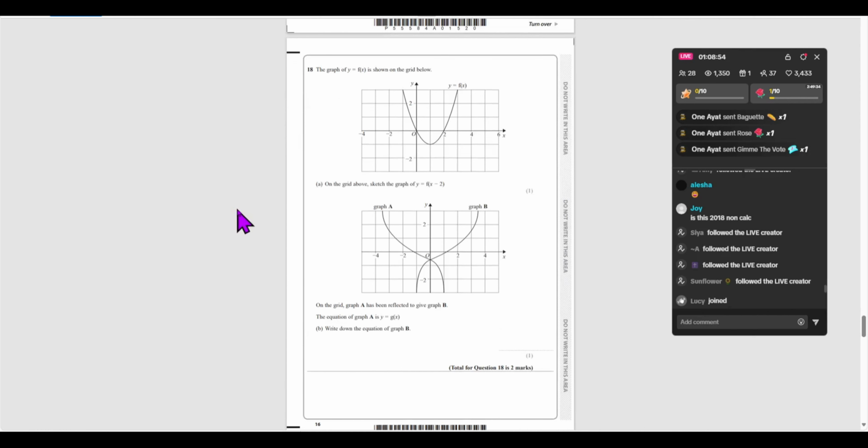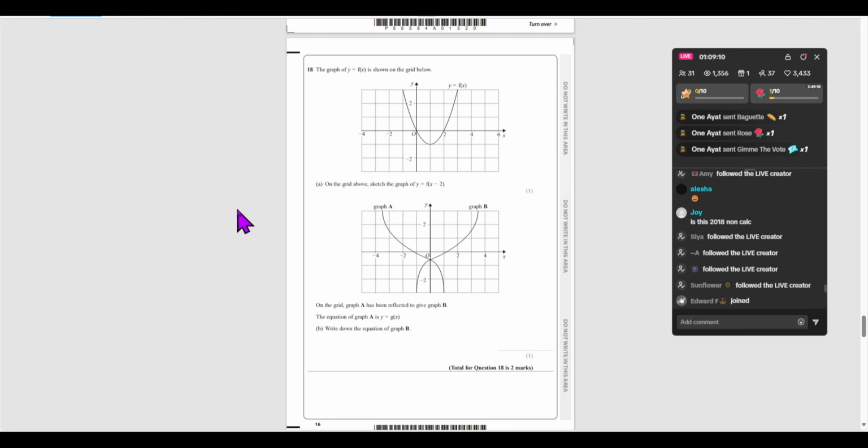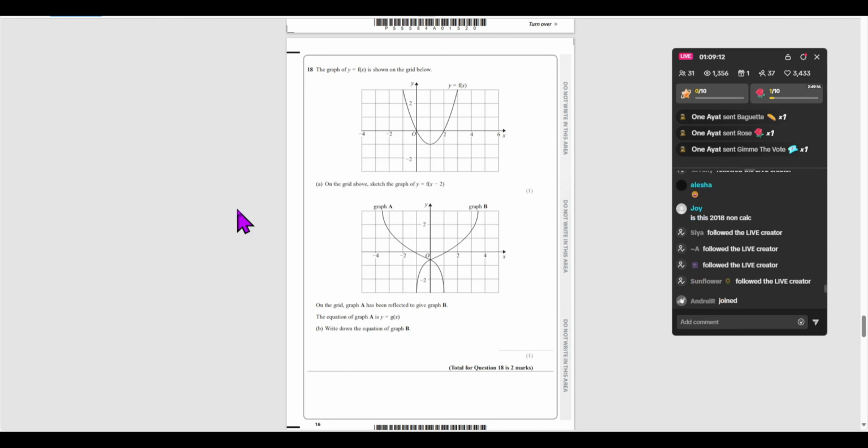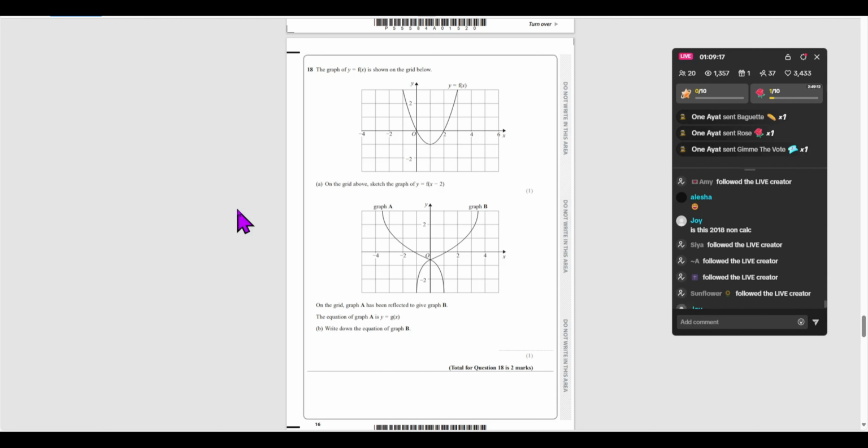So question number 18, the graph of y is equal to f(x) is shown on the grid below. On the grid above, sketch the graph of f is equal to x minus 2. Now, once it says x minus 2, it just means that we just need to do the same thing.